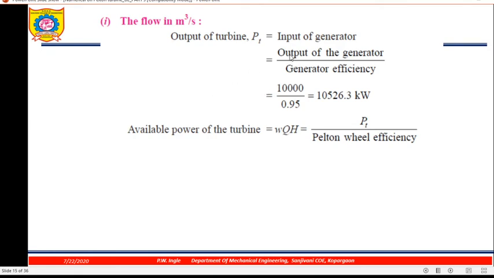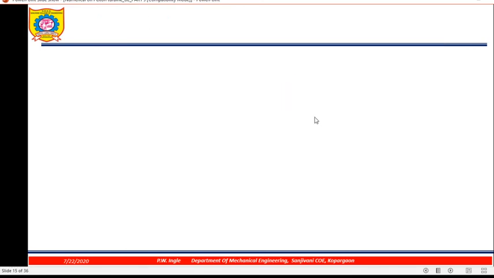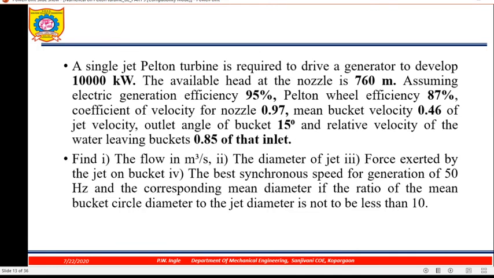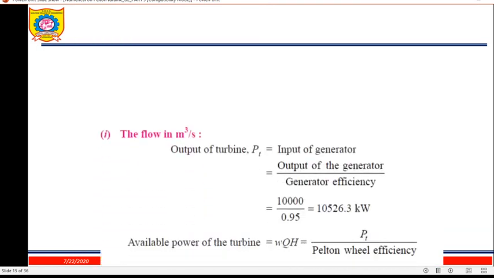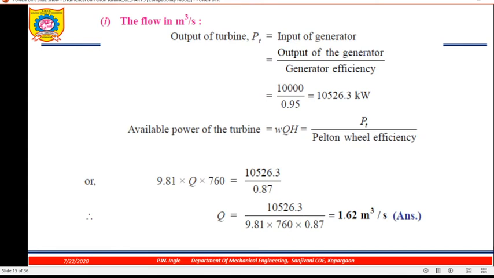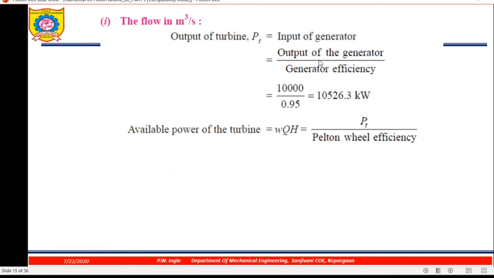What is generator efficiency? Output of generator upon input of generator. Now output of generator is given, you see here 10,000 kilowatt. Output of generator upon 0.95, you are getting input of generator, and input of generator is nothing but output of turbine.